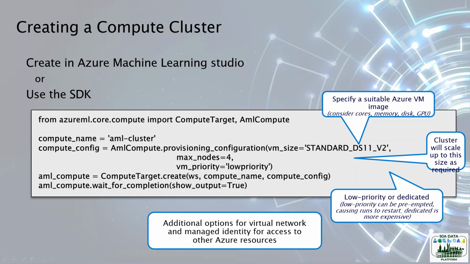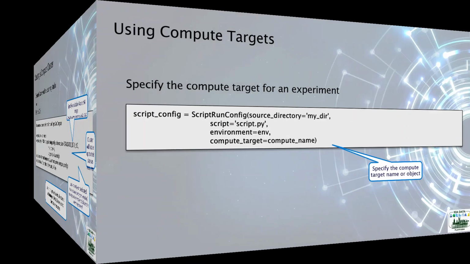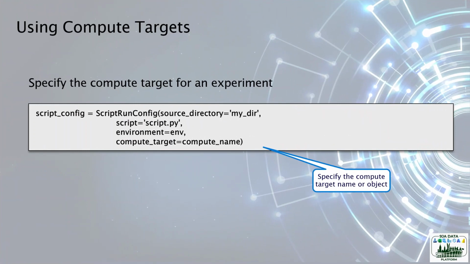So with this, I'm able to now create that compute, and then show if it's actually completed. So this is essentially how to do it the script way. We would also see how it's done using the graphical user interface, right? So maybe I want to run a particular experiment. I can decide in the configuration of the experiment to leverage a particular compute target or compute context that I've created.